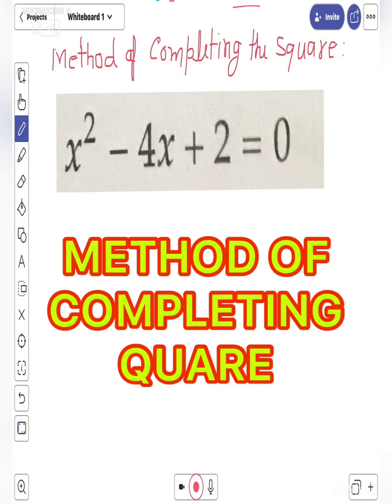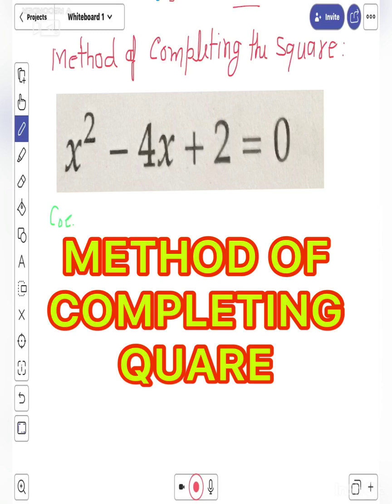So what to do to find the factor by the method of completing the square. Okay, so here first of all you will observe what is the coefficient of x square.